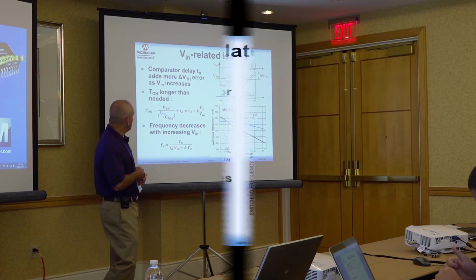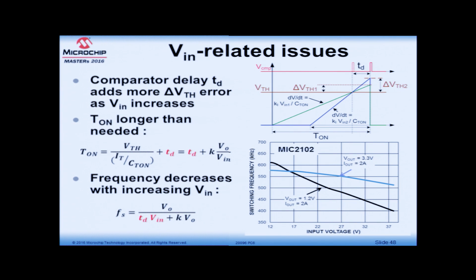Now, we want to explore a little bit more the issue related to variation of input voltage. In the presence of a fixed delay, the delay may also depend on the overdrive of the comparator, but for now we will assume it's a fixed delay.